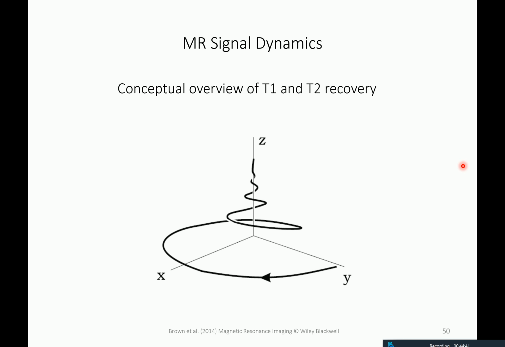So this shows both processes combined in terms of the tip of the magnetization. First it's at Z, then it's tipped into Y, and then you have some precession going on, some loss of phase coherence, so it gets smaller, and you have some rebuild of the Z domain. So this is an integrated picture of the whole thing.